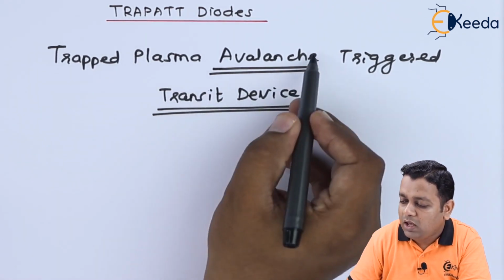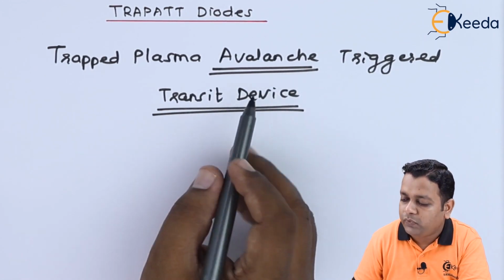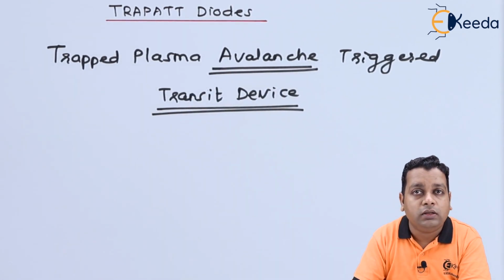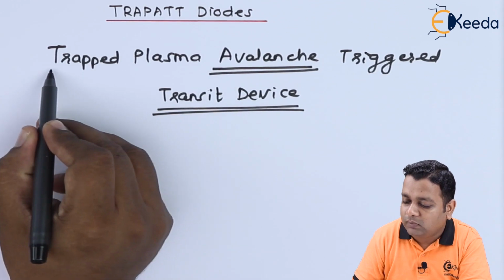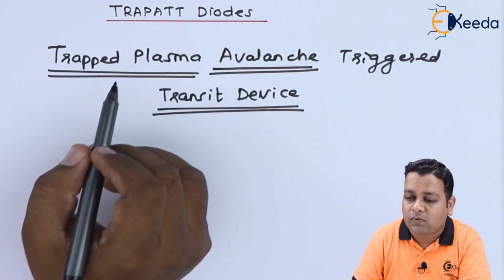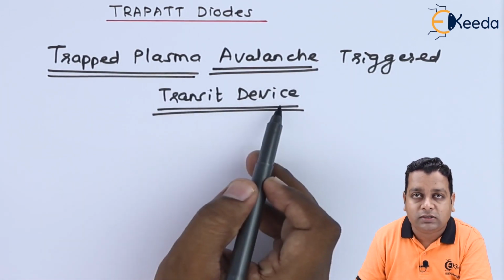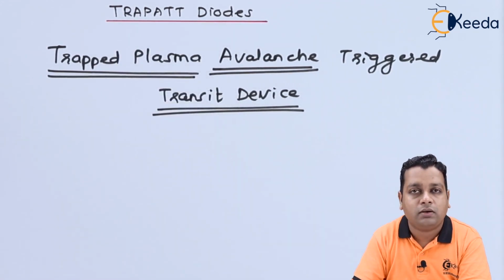So here we have the avalanche effect making use of transit time also, and because of the avalanche effect, whatever free electrons have been formed because of the avalanche multiplication, there is some kind of trapping of that plasma. Hence the device is called the trapped plasma avalanche triggered transit time device, or TRAPATT diode.